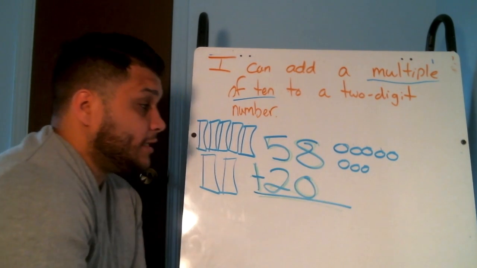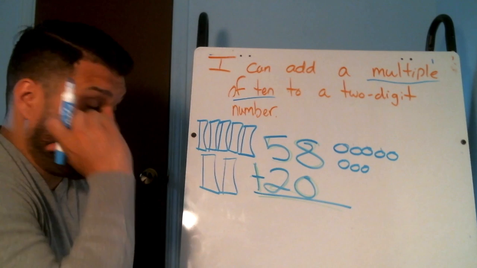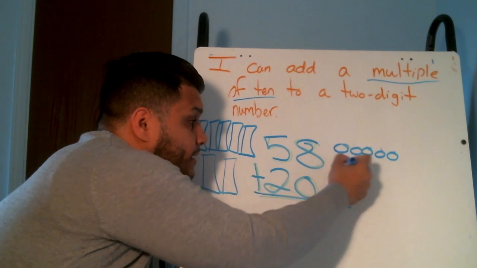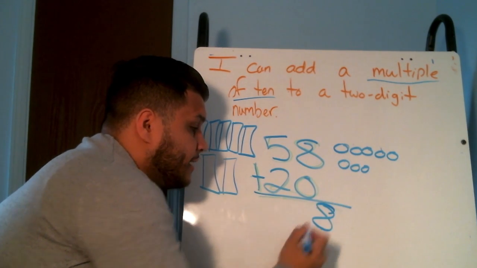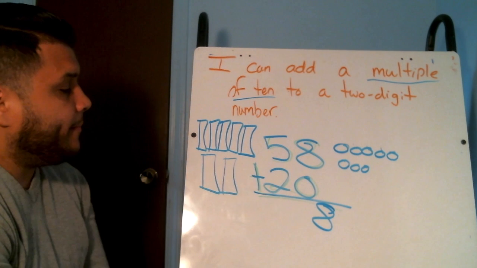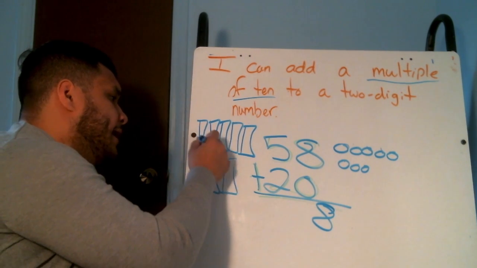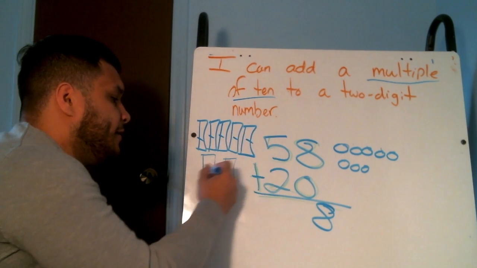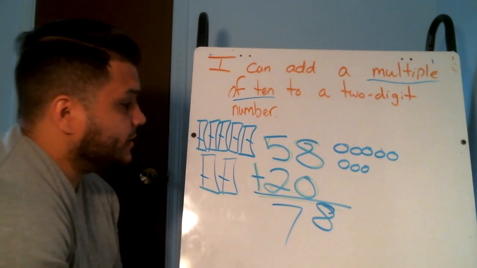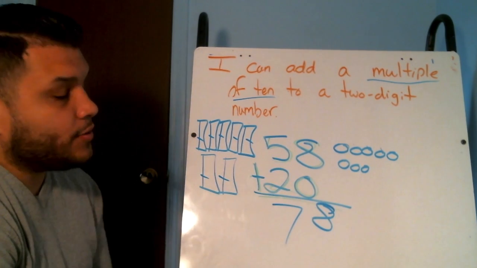I'm going to do step 2, which is solve for my ones and my tens place. So 8 counters here, 8 comes down here. And then I'm going to look at my tens place. And I have 1, 2, 3, 4, 5, 6, 7 tens. 58 plus 20 equals 78.